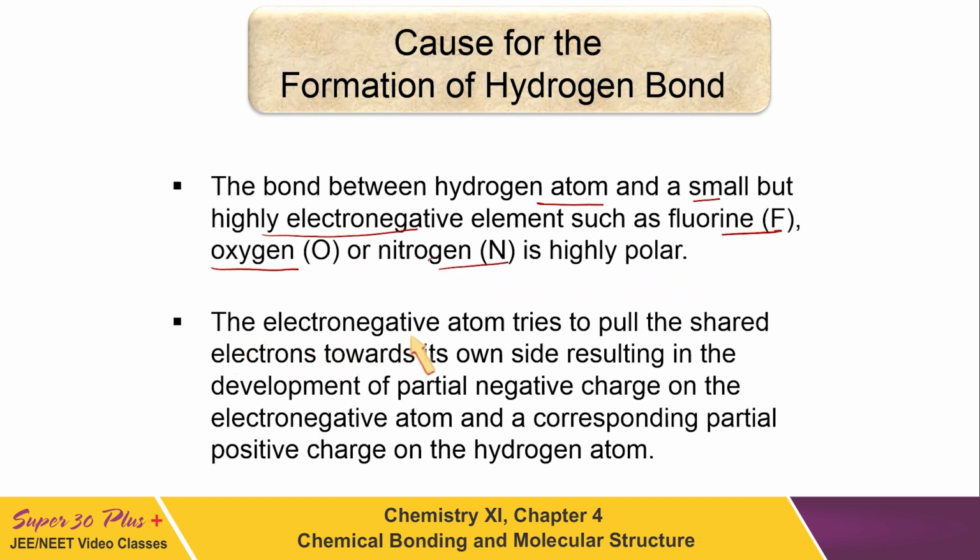The electronegative atom tries to pull the shared pair of electrons toward its own side, which results in the development of a partial negative charge on the electronegative atom and a corresponding partial positive charge on the hydrogen atom. Now because of this development of charge, this hydrogen atom, which is partially positively charged, will be attracted towards another highly electronegative atom.